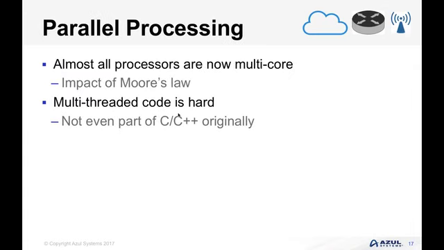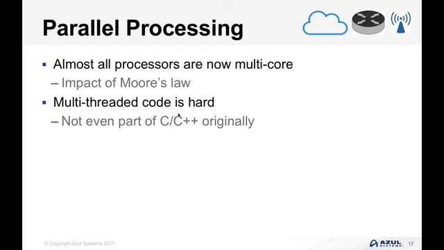Parallel processing. If you look at Moore's law, as I said, the density of transistors has increased every 24 months, doubling. What that's led to is not just that we have more complex processors, but because of the physical limitations of the clock speed and the power that needs to be provided to the processor and the heat that needs to be dissipated, what we now see is the increase in the number of cores, the number of processing units that we have on a single die, a single chip.